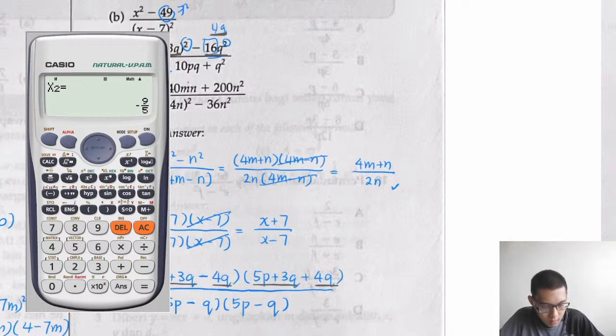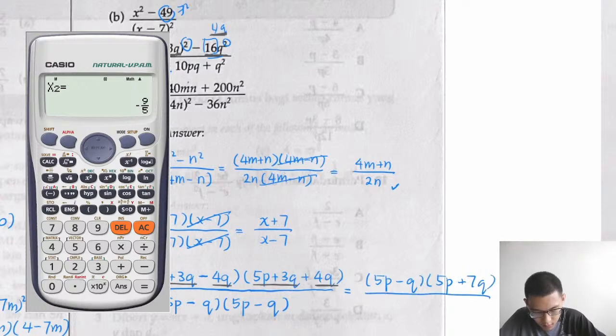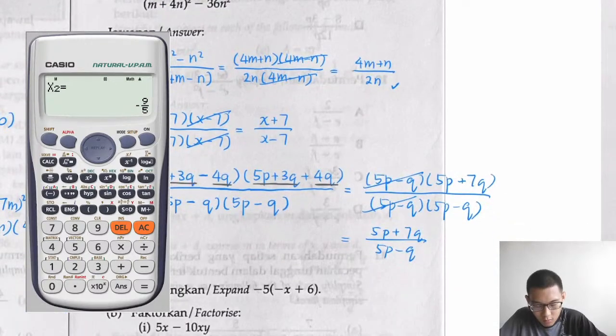Okay, so after that we try to solve this one. 3q, 5p minus q, and 5p plus 7q. Here we have 5p minus q, 5p minus q, so they are the same. So we left 5p plus 7q over 5p minus q. So the answer should be this.